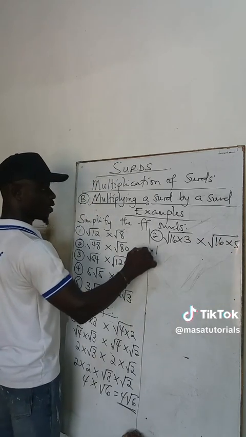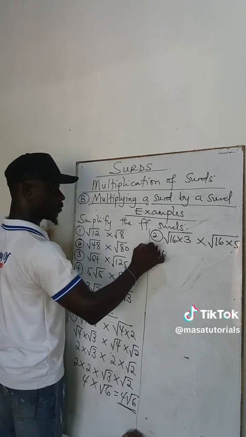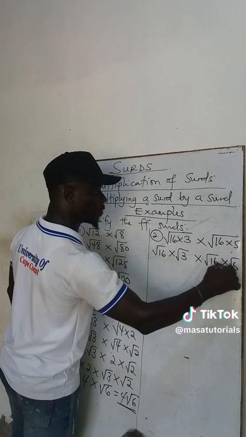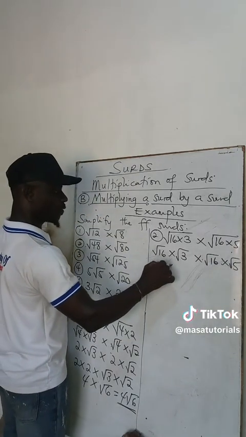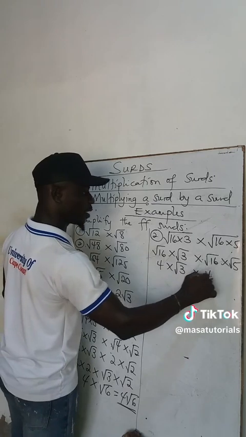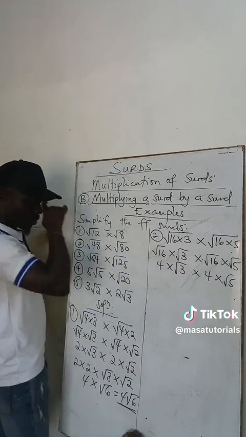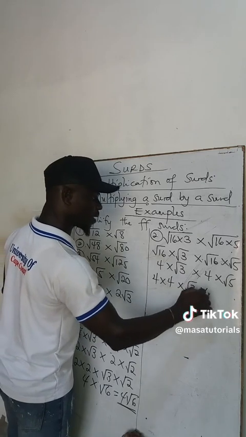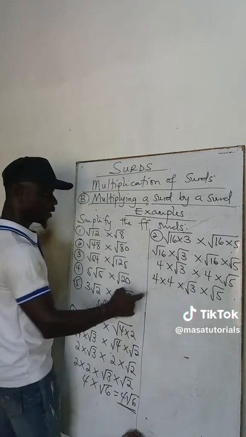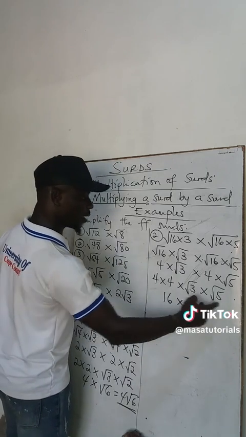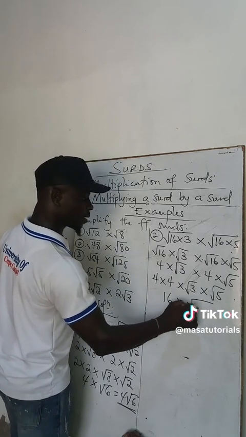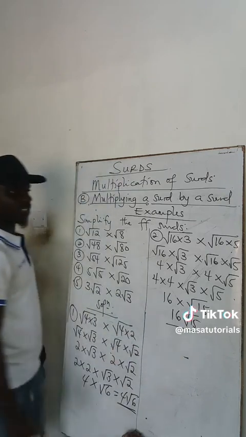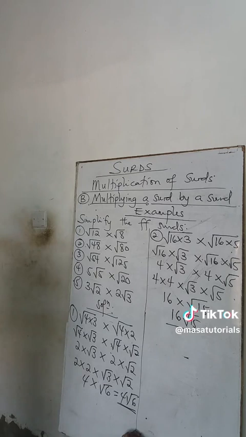So we split: square root of 16 times square root of 3, and square root of 16 times square root of 5. Here we get 4 times square root of 3 times 4 times square root of 5. Now 4 multiplies 4, then square root of 3 times square root of 5. Here we get 16, and that's 15. So it will be 16 square root of what? 15. So this is what we have.